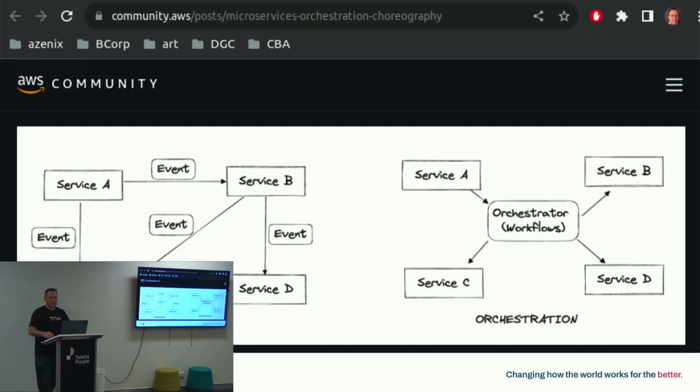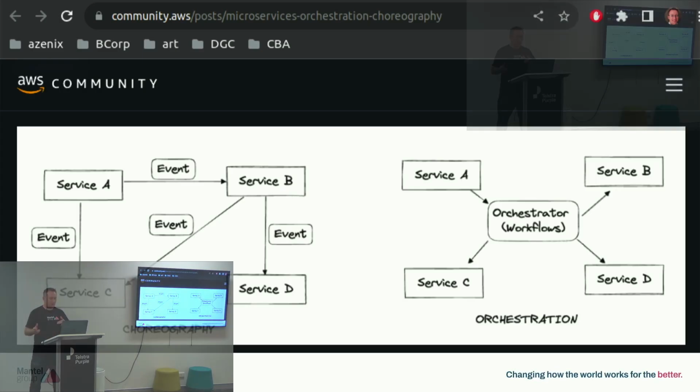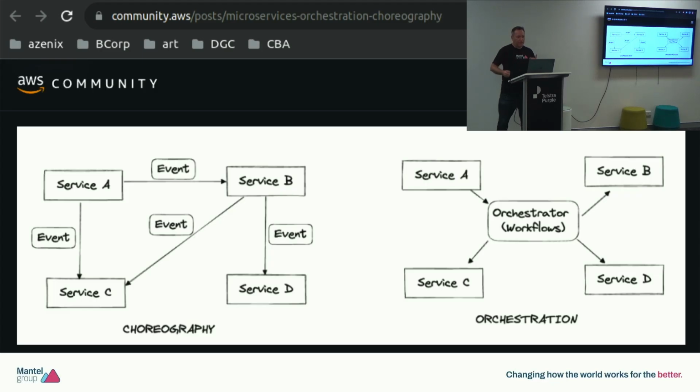The next topic I want to introduce is the concept of choreography versus orchestration. So we've looked at sending one message through, or sending a message to a topic and the message going to multiple places. But there are two fundamental ways of organizing your architecture around those messages. Choreography is like people in a dance.